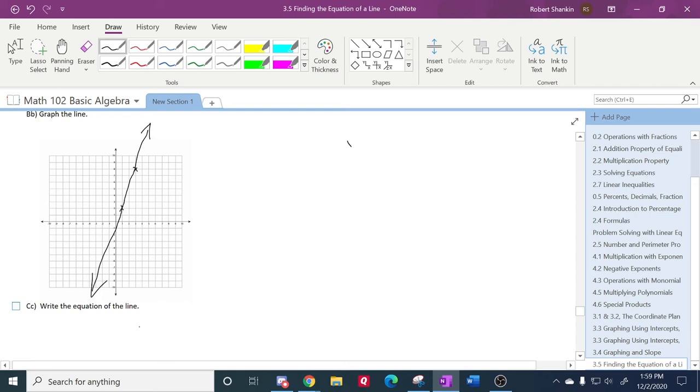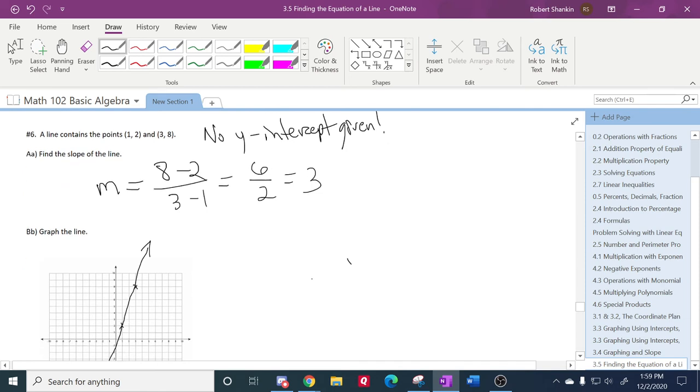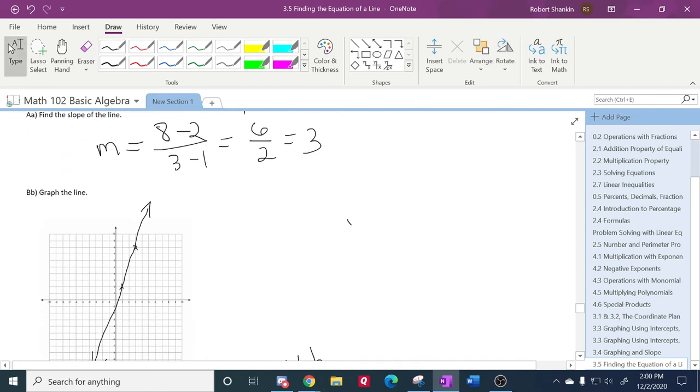And now I need to get the equation of the line. We'll start just like we did before, but we only have one thing to plug in now: the 3.